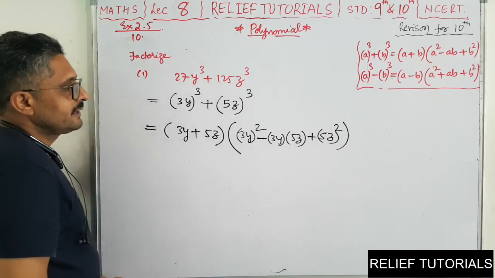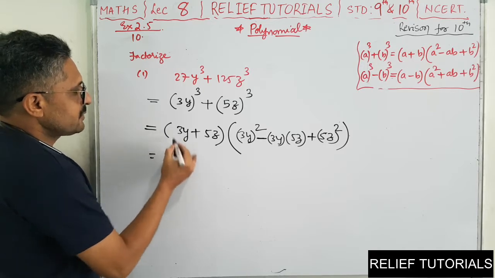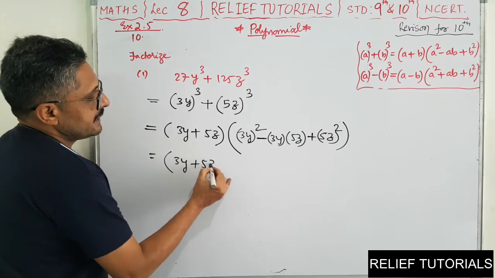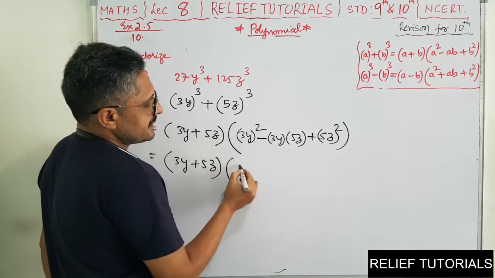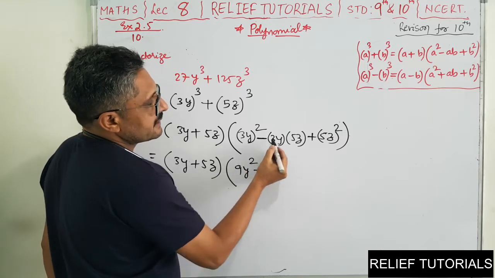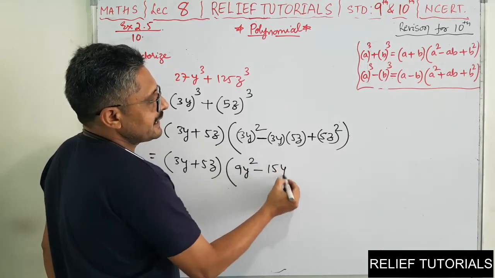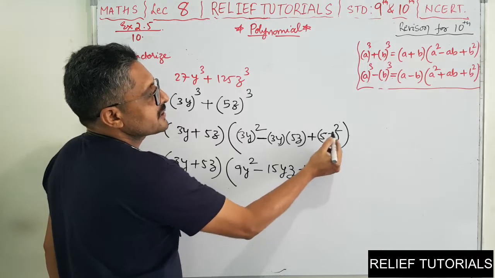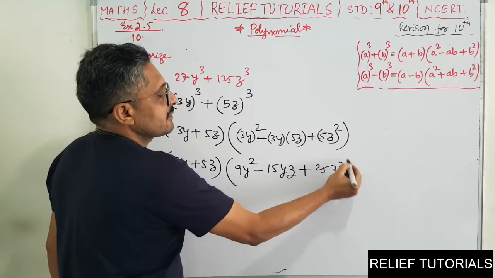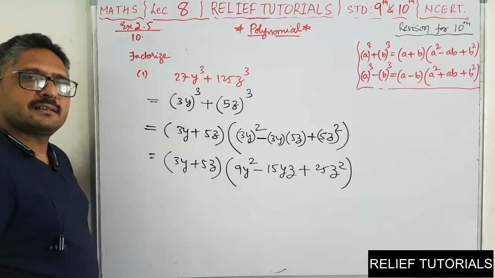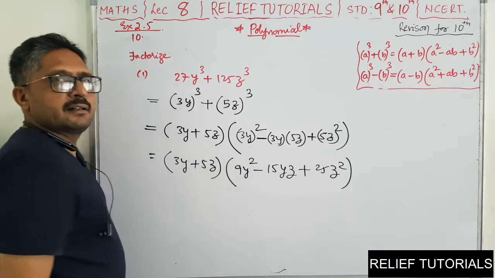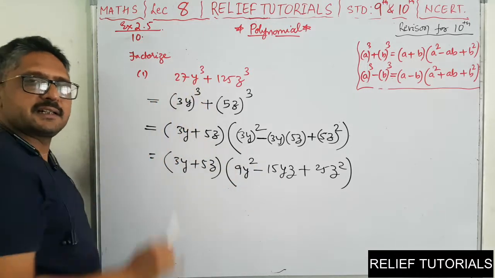Have you got it? So this is equal to 3y plus 5z times 9y square minus 15yz plus 25z square. Here 3 square is 9y square, minus 5 3s are 15yz, plus 5 square is 25z square. Got it? So this is the factorization using this identity.